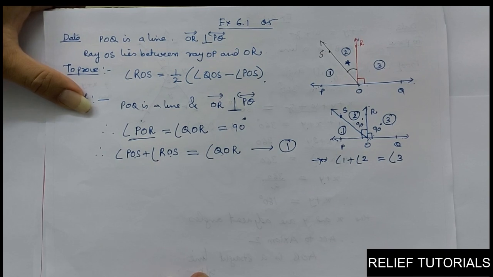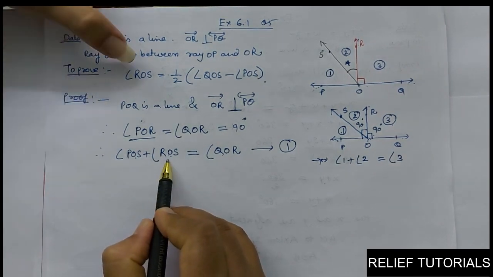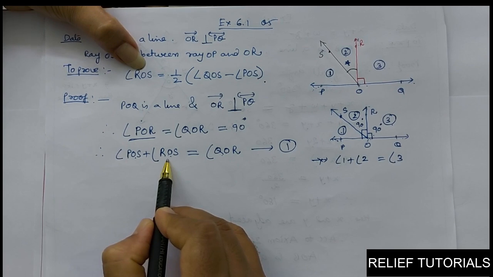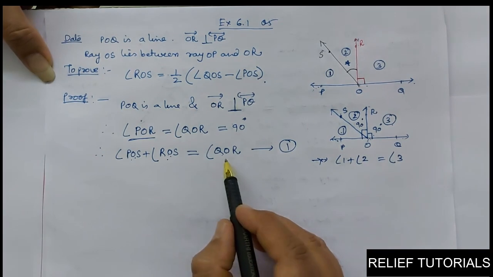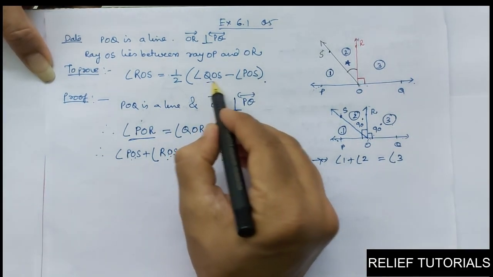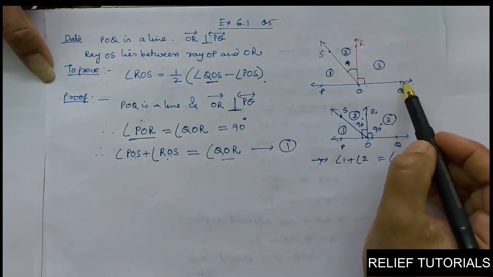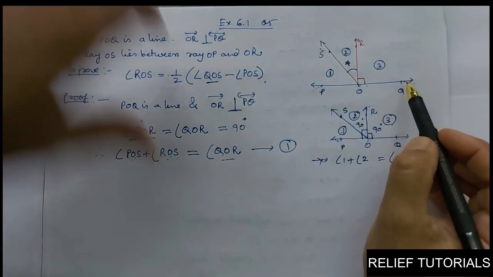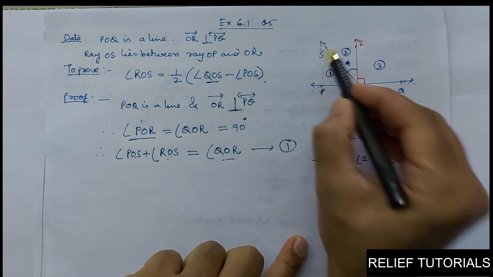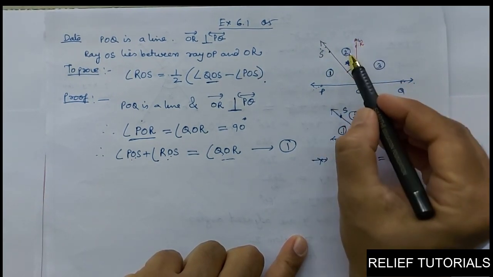Now if you look at the proof, see angle ROS, in the proof we have angle ROS, clear. POS, we have POS. Here we have QOR, but we required QOS. We required QOS. We have QOR. So in order to get QOS from QOR, you have to add this.